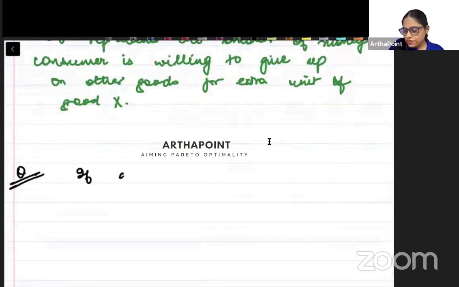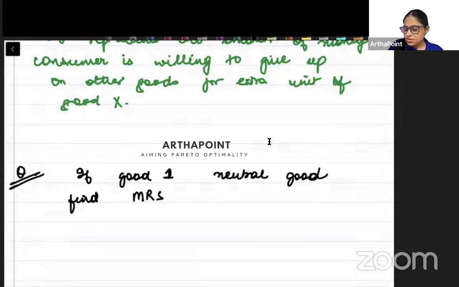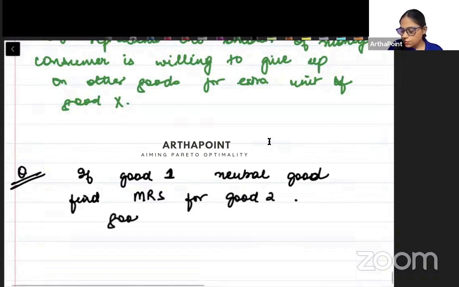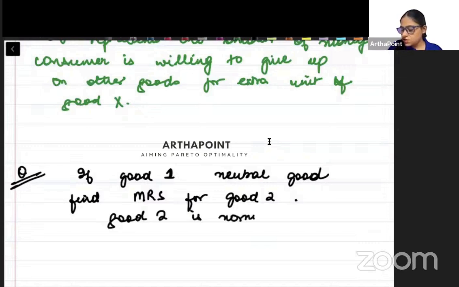So if good 1 is neutral good, ठीक है, find MRS for good 2, where good 2, give me a minute, pen got discharged, 1 second, where good 2 is normal good.